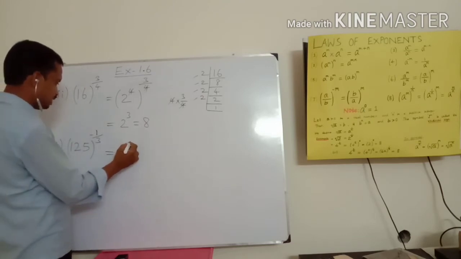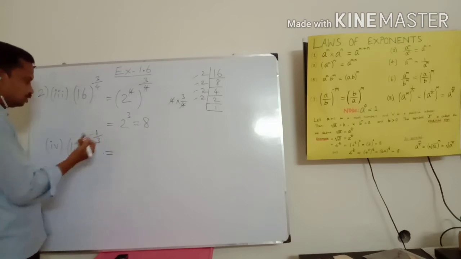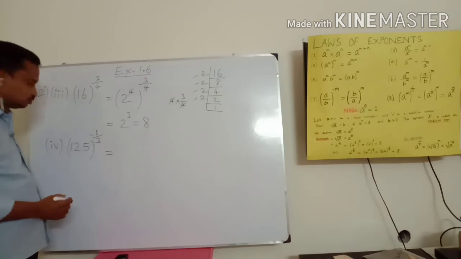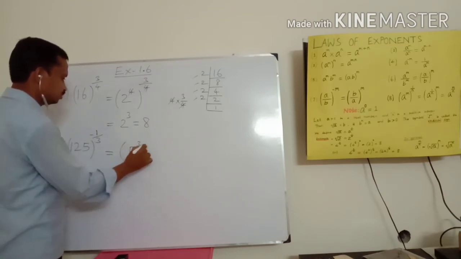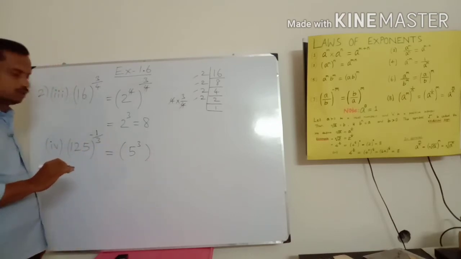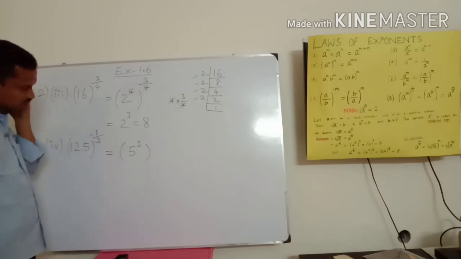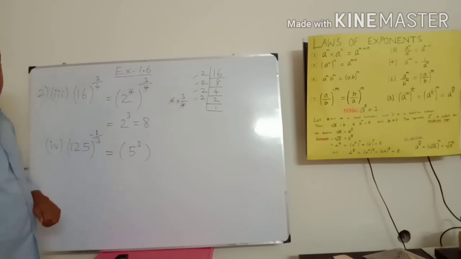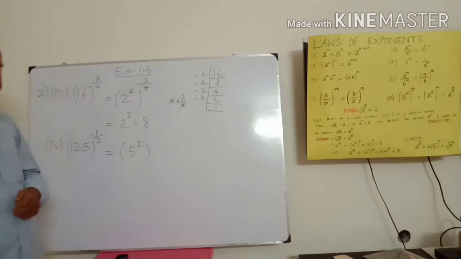So you can write this as 125 whole power minus 1 by 3 as 5 cube. You apply the negative exponent here, and do the same power. After simplifying the power, we change the negative exponent to positive by applying that law.